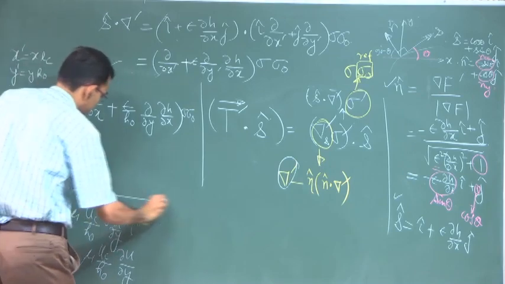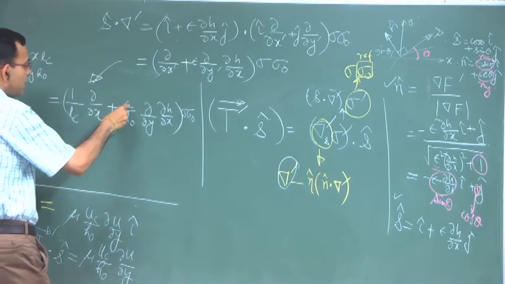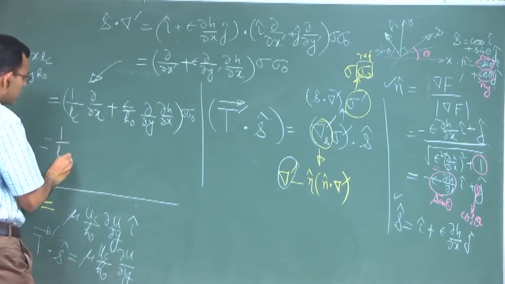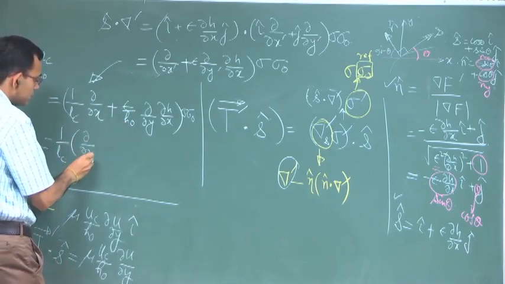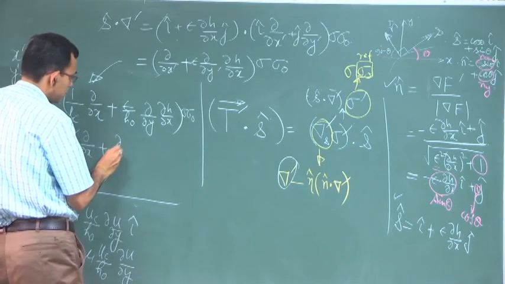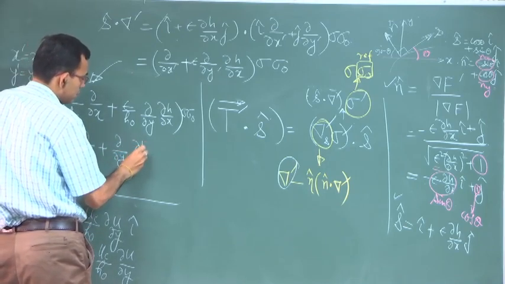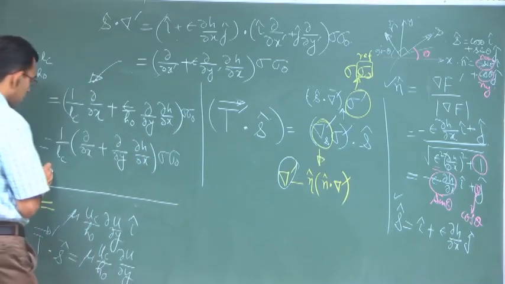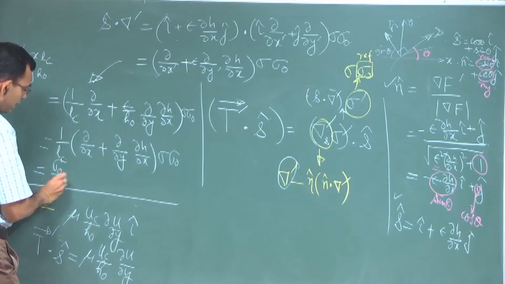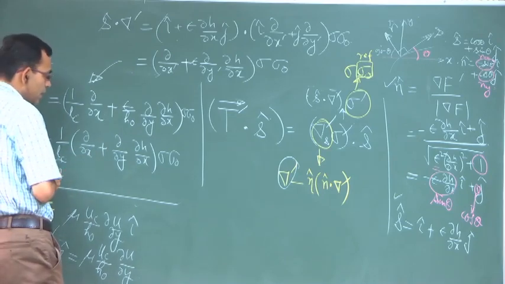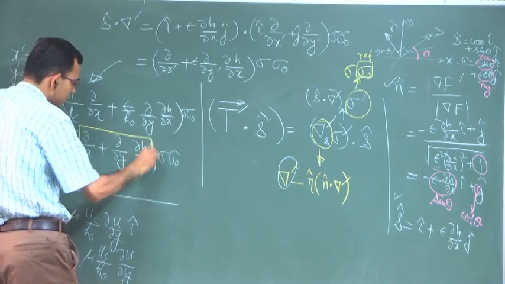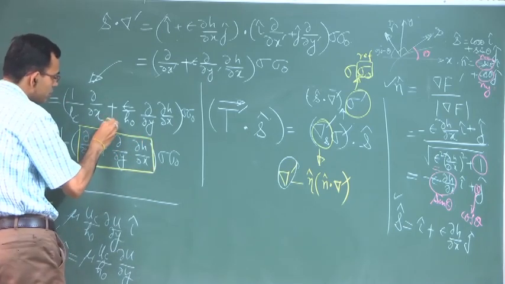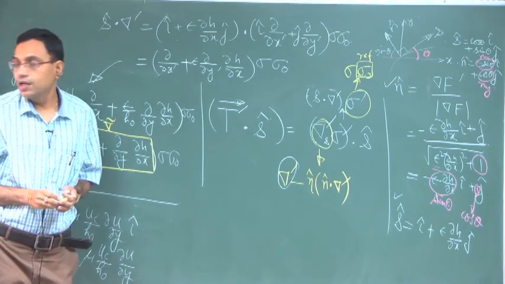Epsilon by h naught is 1 by LC, so you can take 1 by LC as common. So, this will be sigma 0 by LC into this operator operating over sigma. This operator we call del tilde.